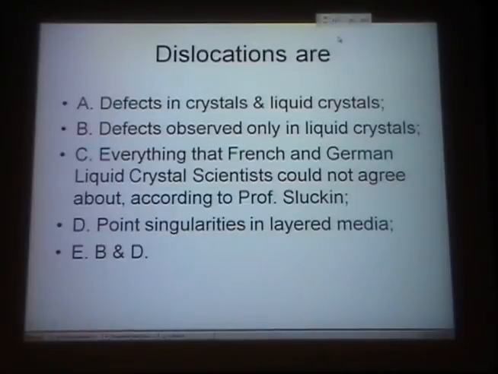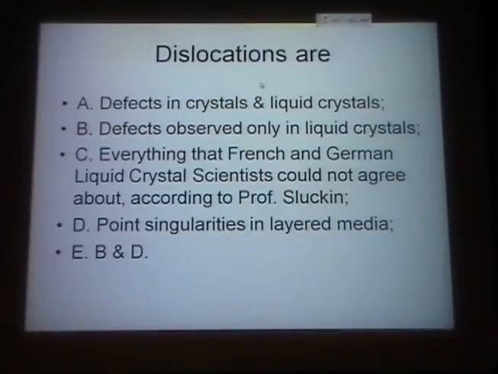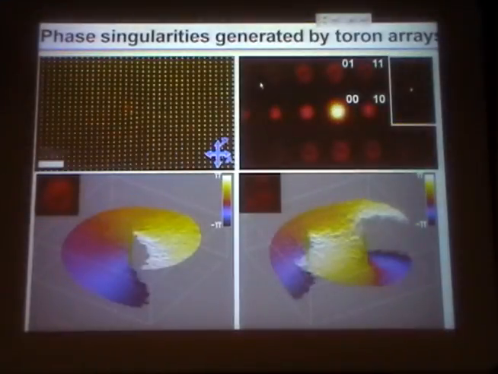Indeed, those are defects that can be observed in crystals and certain types of liquid crystals, right? And actually, not only in crystals and liquid crystals, but in many other periodic media.